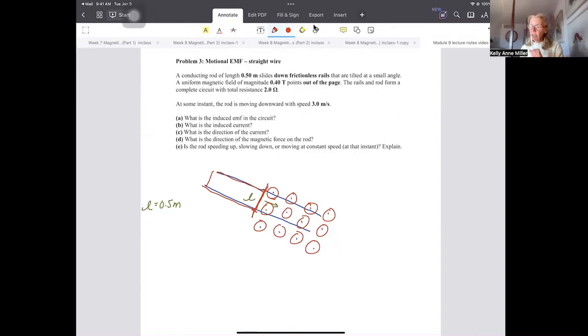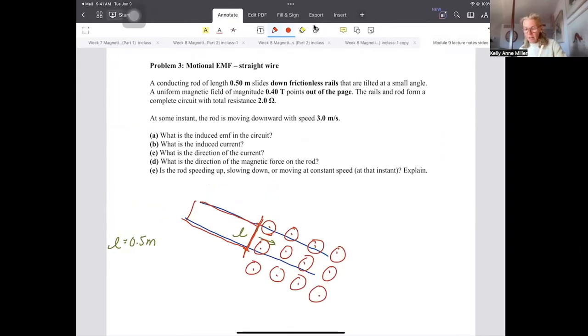So in college physics, it's explained that when you have a segment of wire that is moving through an external B field, you can figure out the EMF just by multiplying BLV, where L is the length of the rod. I want to explain to you that that comes from Faraday's law.